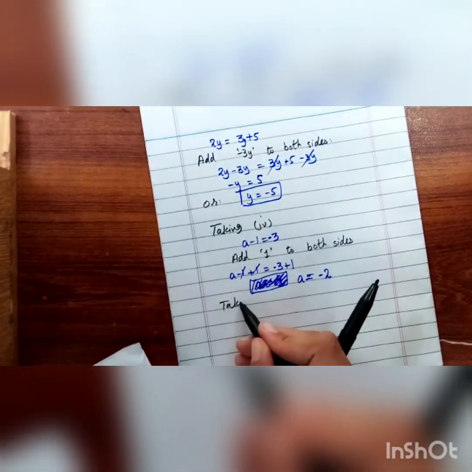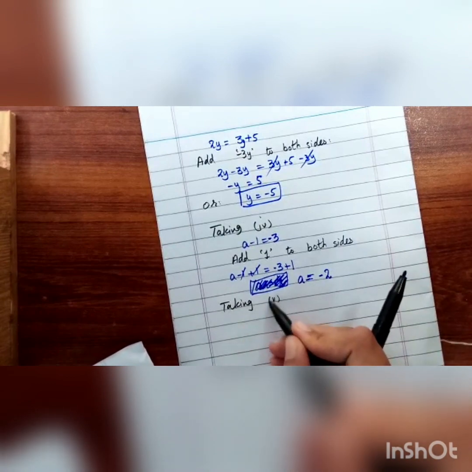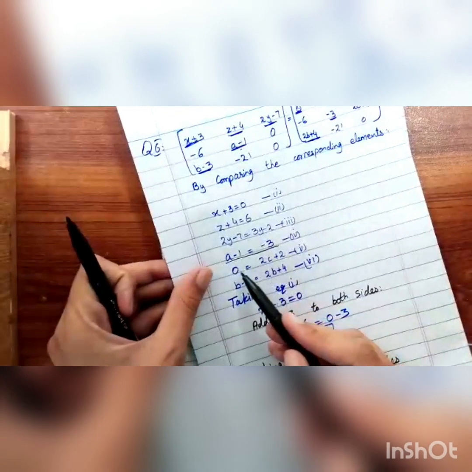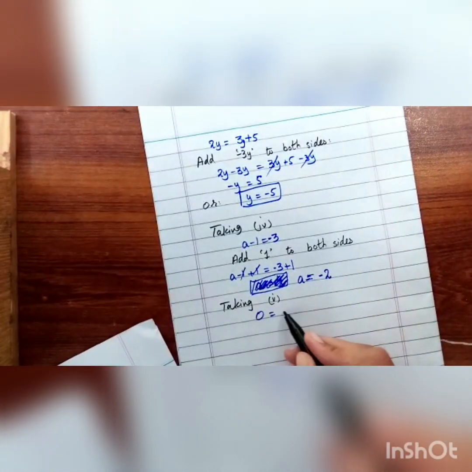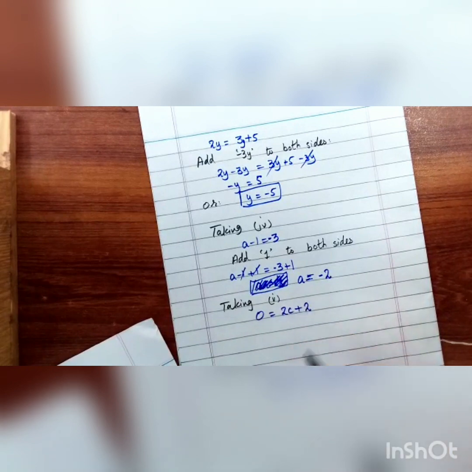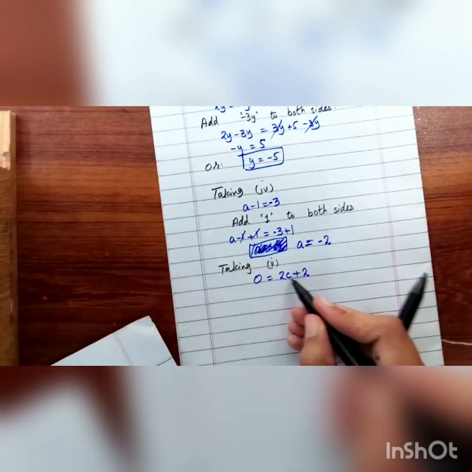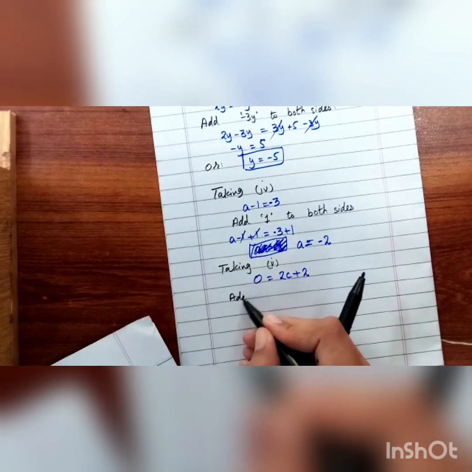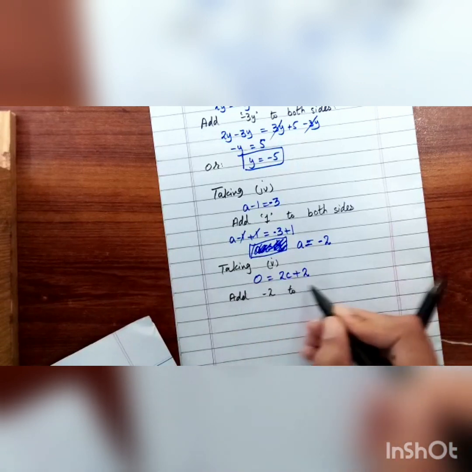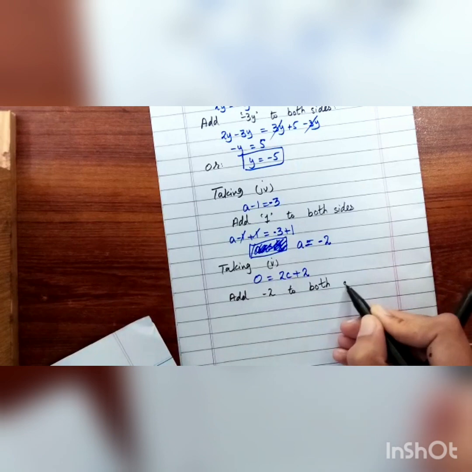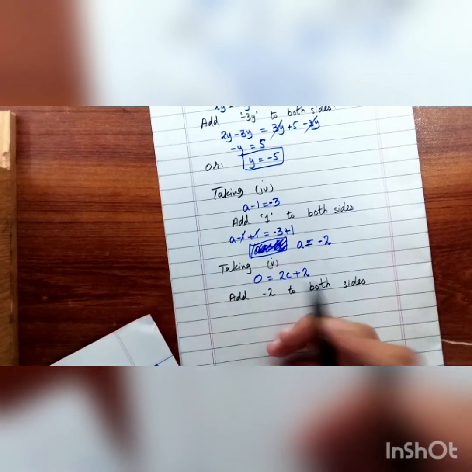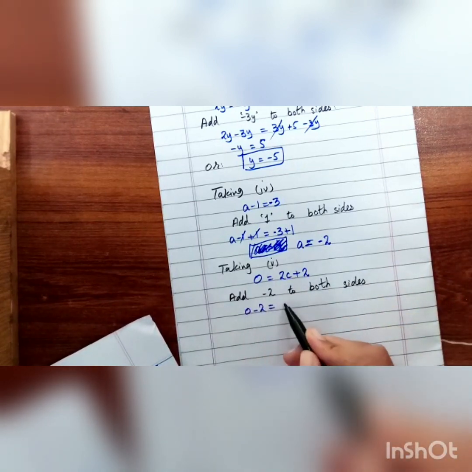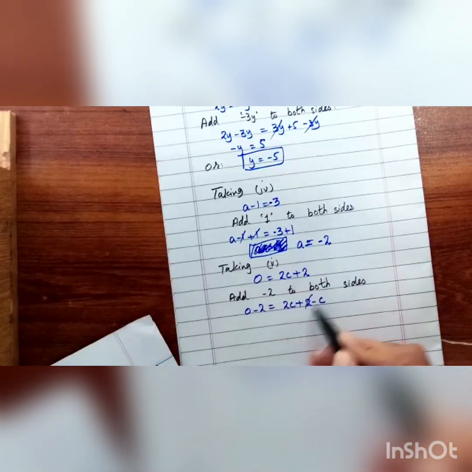So taking the fifth equation. The fifth equation is 0 is equal to 2c plus 2. So we will write 0 is equal to 2c plus 2. Now to find the value of c, we will add minus 2 to both sides. So 0 minus 2 is equal to 2c plus 2 minus 2.